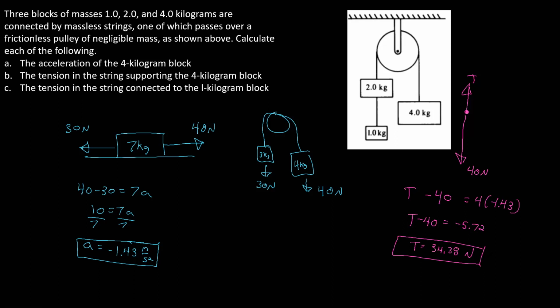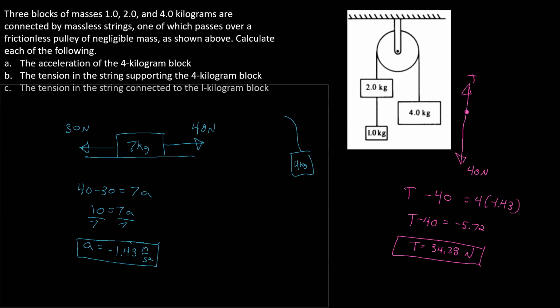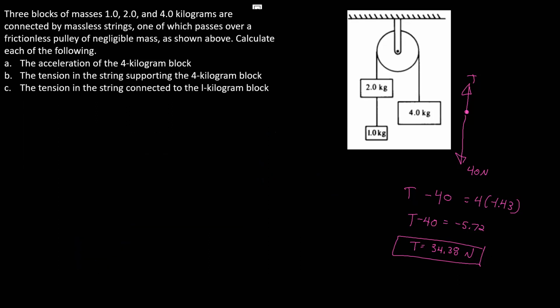And then it says the tension in the string connected to the 1 kilogram block. Let me erase the work for part 1. The easiest way to do that would be to just do the 1 kilogram block, which would also be tension up, and it's 10 newtons of gravity down, because again, mass times 10 is gravity, so T minus 10 equals M times A. In this case, it is going to go up because it's the lighter side, so that would be a positive acceleration.